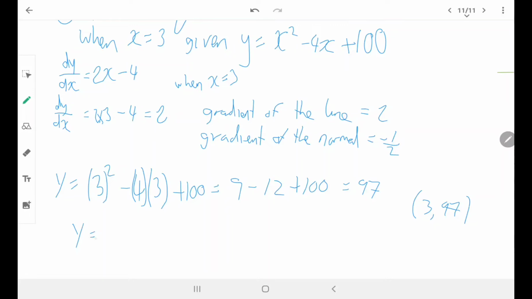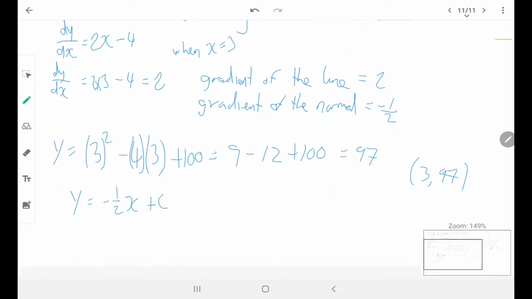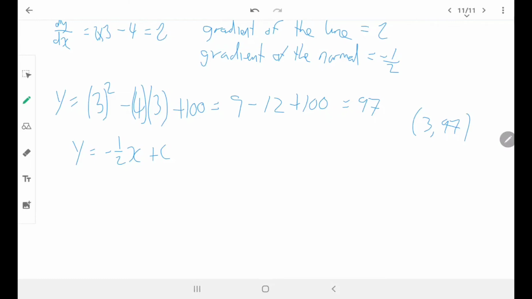So y equals minus a half x plus c. We're going to plug in x is 3 and y is 97. So 97 is minus a half times 3 plus c. I'm going to make it a decimal as well. 97 equals, well, half of 3 is 1.5.